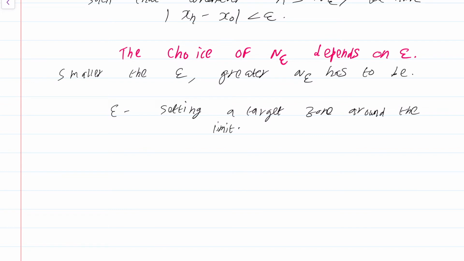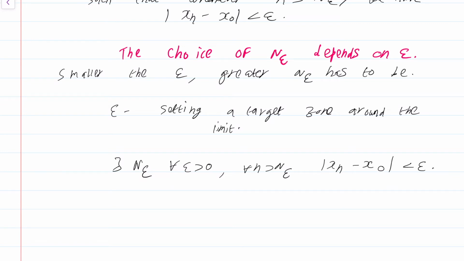Now, if we had interchanged the role of epsilon and N_epsilon, that is, interchanged the quantifiers, we will get the following statement. There exists N_epsilon such that for all epsilon greater than 0, for all n greater than N_epsilon, |x_n - x_0| < epsilon.